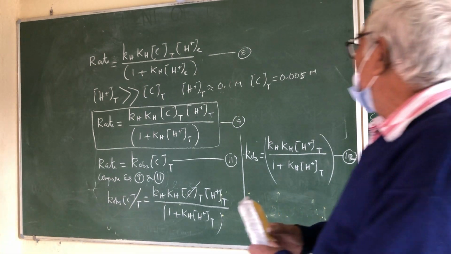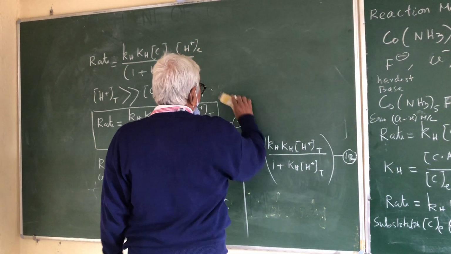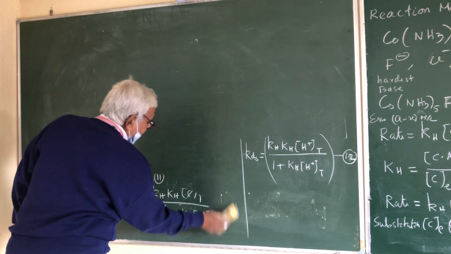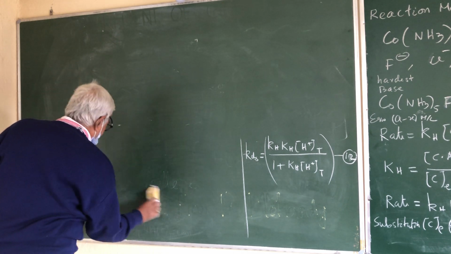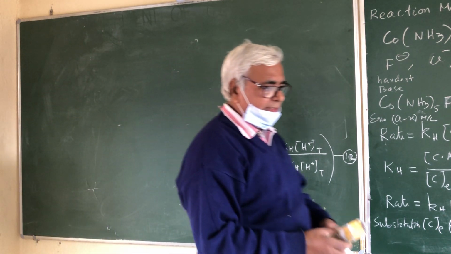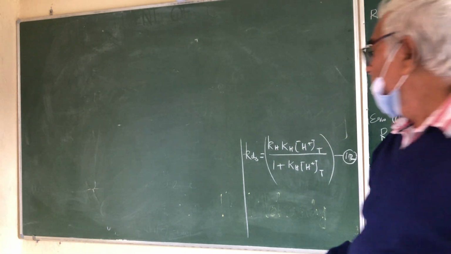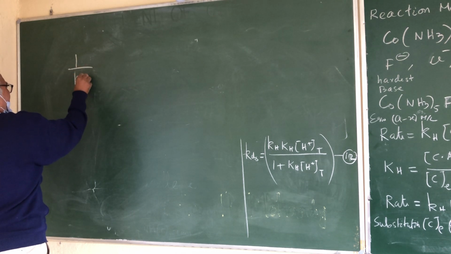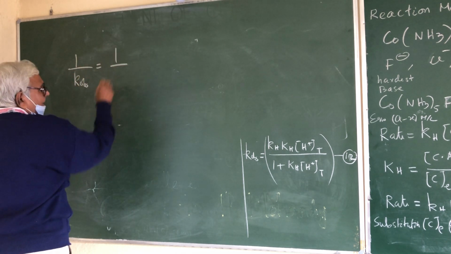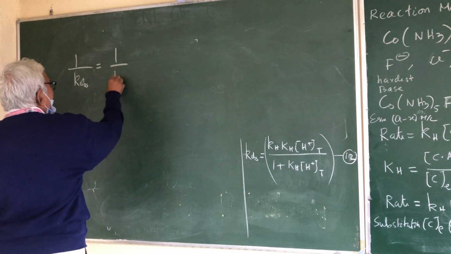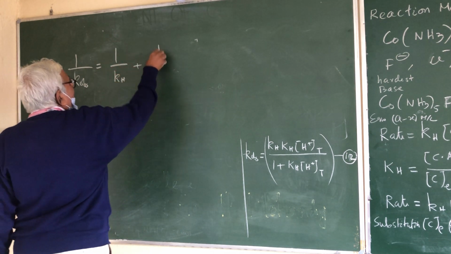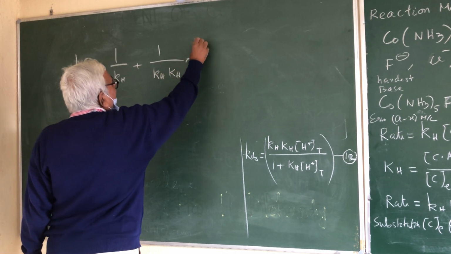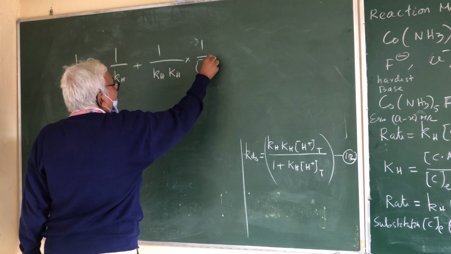So if you take the reciprocal, what is the reciprocal of this? 1 by k observed will be 1 by k plus 1 by kH into 1 by hydrogen ion total.